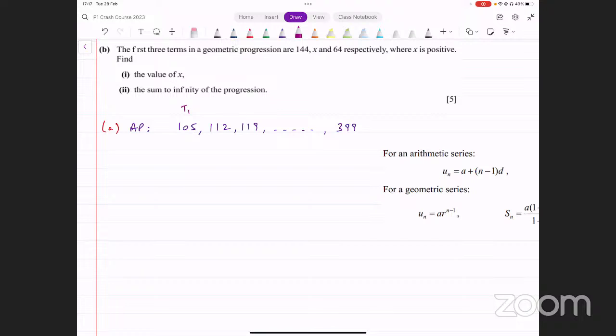This is your first term, this is your second term, this is your third term, and this is your nth term. So we have an AP in which the first term, T1, is 105. What about the difference? Take any two consecutive terms, next minus previous. You could say 112 minus 105, that is going to be 7.